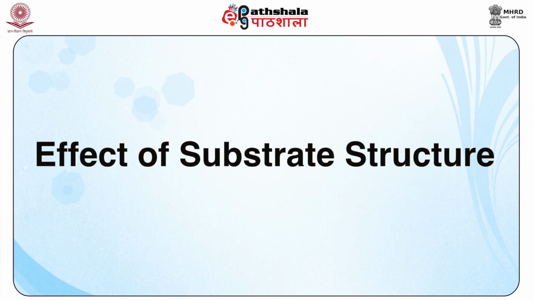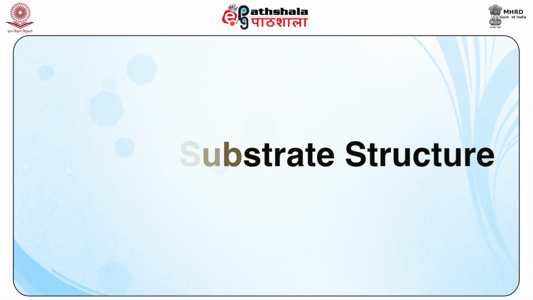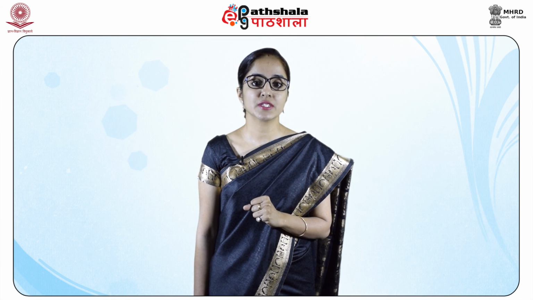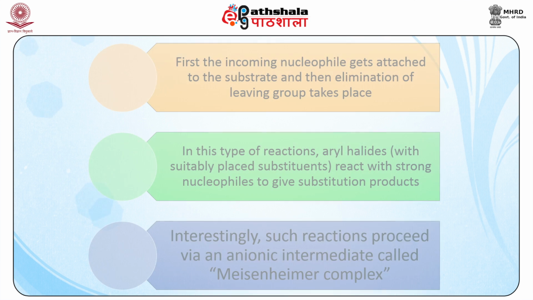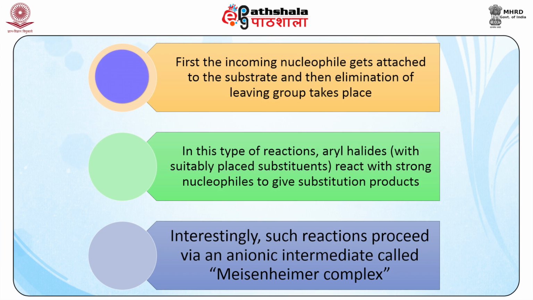First of all, we will discuss the effect of substrate structure. The SNAr mechanisms follow an addition-elimination step, as you may recall from the previous modules, where first the incoming nucleophile gets attached to the substrate and then elimination of the leaving group takes place.